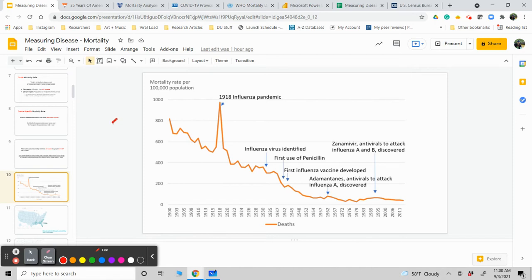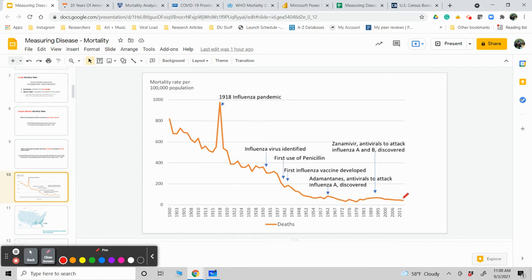Now, we talked about the importance of controlling for population size differences. This is a figure of mortality rate from infectious diseases in the United States over the past 100 plus years. If we did not control for differences in the size of population, we would be telling a very different story here. Now, if you look at each year from 1900 up until the 2000s, the size of the population in the United States has changed quite a bit.